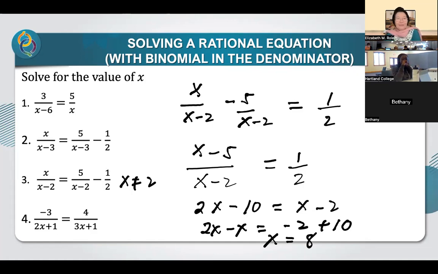I think for number 2, you can just do that. It's almost the same, except that I am having a denominator which is x minus 3. Will you please just do number 2? The problem is just the same, except for my subtrahend being a 3 rather than a 2.